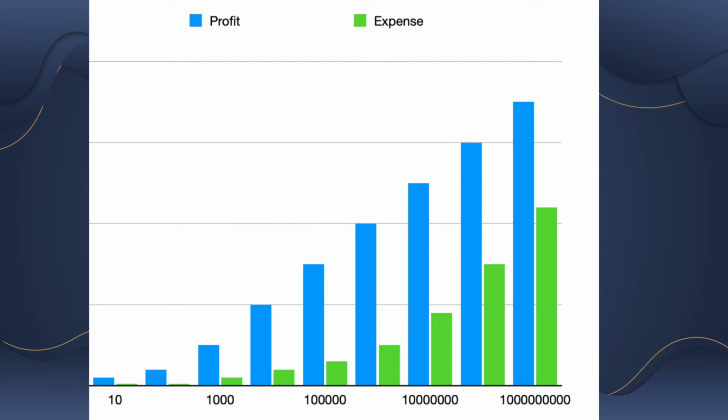Let's say you have built a product which is being used by millions of users. With the increase in customers, the revenue increases and the operation cost also increases. For example, the cost for cloud services or image processing services also increases.